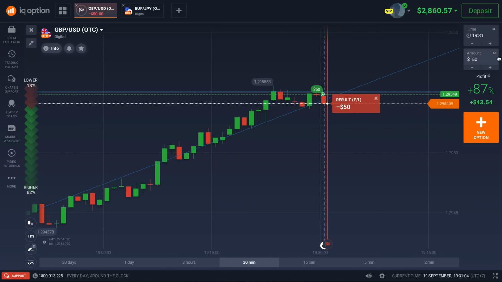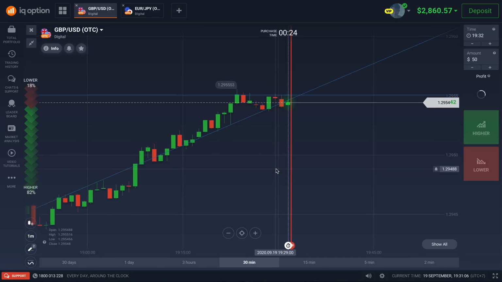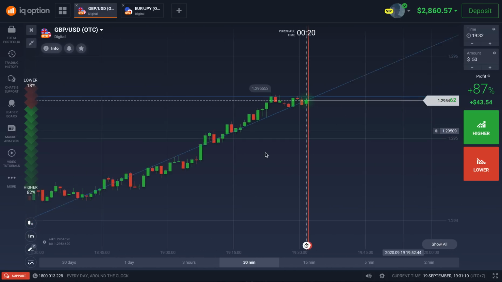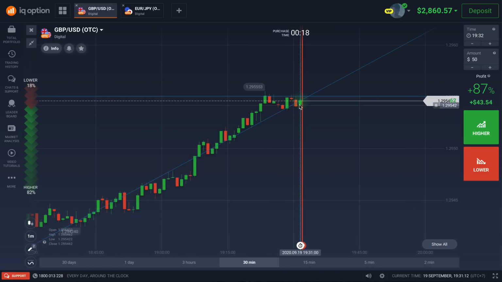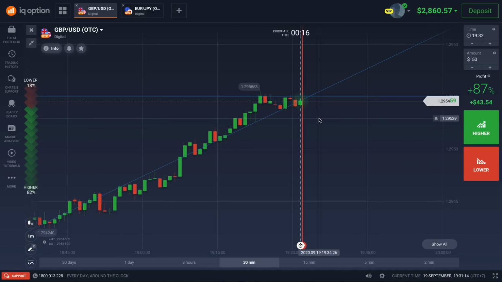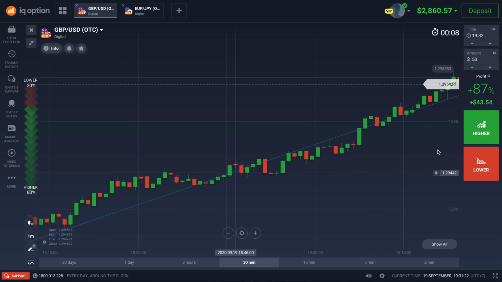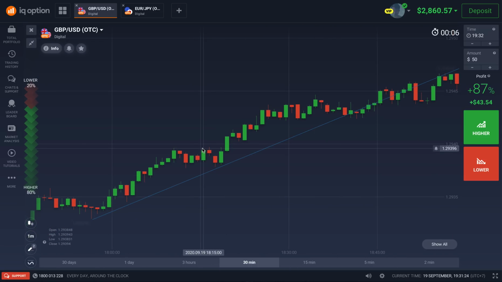That's fine, we will go to the next one, but we are waiting for this opportunity. This seems like the right one because there is a resistance level on the top. I think it might change its direction for a while.